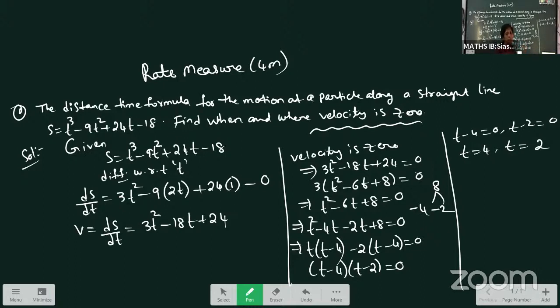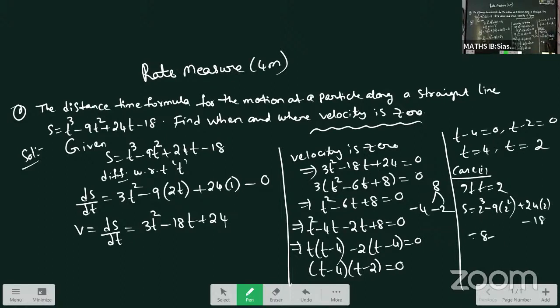But where? So what is the distance he is asking? Case 1. If T is equals to 2, find out S. S is equals to T cube, 2 cube, minus 9T square, 9 into 2 square, plus 24 into 2 minus 18.